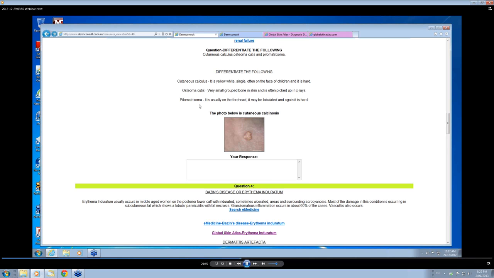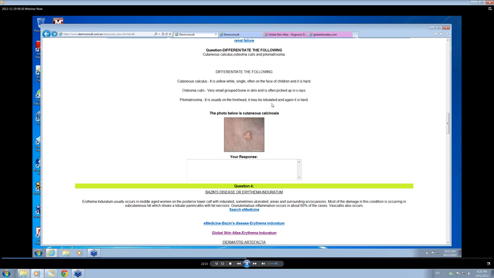Now, if you're looking at benign tumors in children, 80% of them are going to be, well, I'm not sure if that's true, I think 60% of them are going to be pilocysts. 20% of them are going to be pilomatrixomas. And the other 20% are going to be a mixture of other things. So you're going to see pilomatrixomas. Usually on the face or the forehead, skin colored, maybe lobulated.